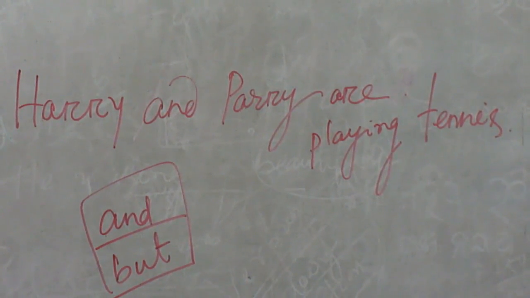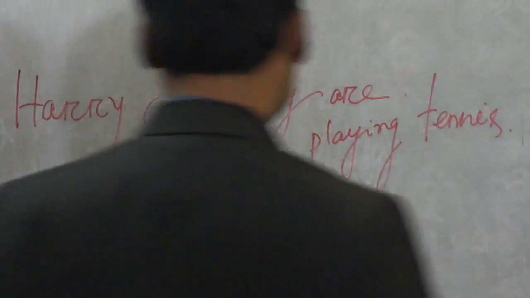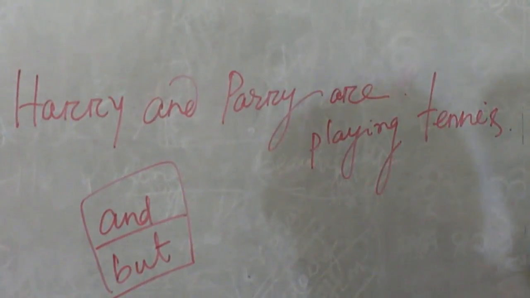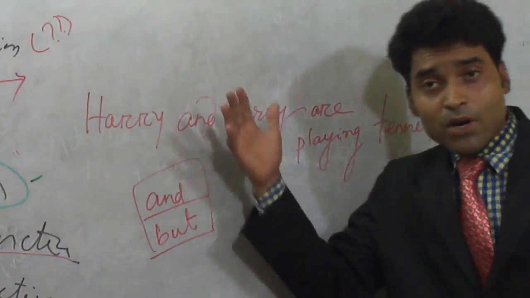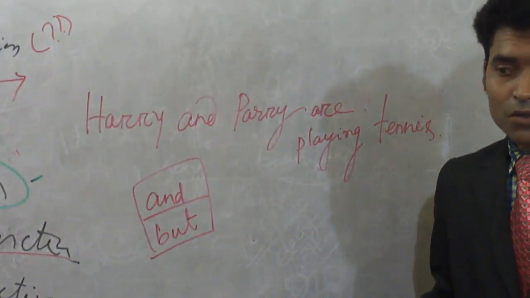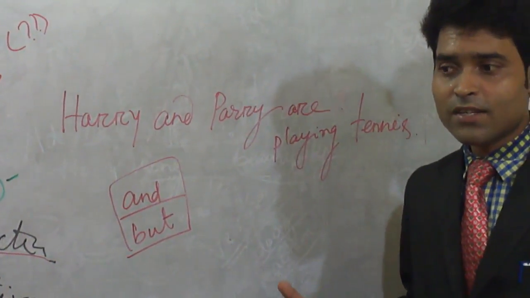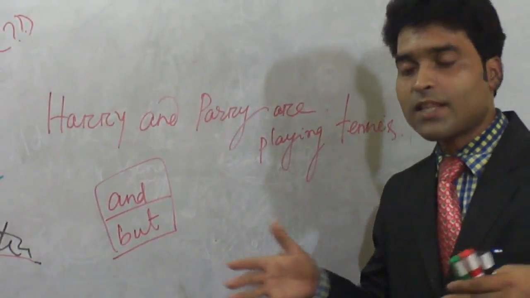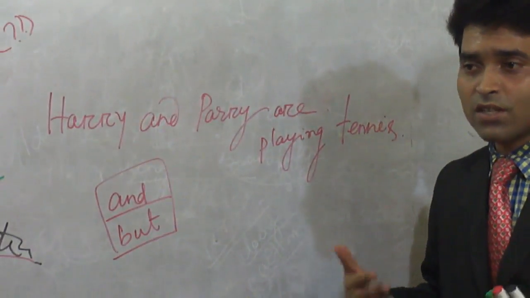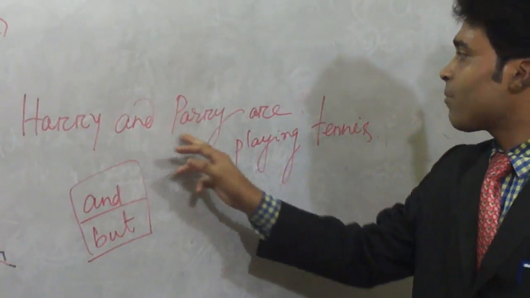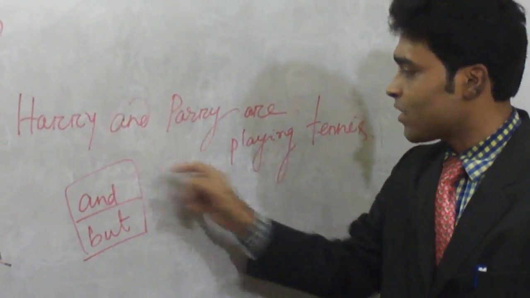So this and, but is known as conjunction. For example, you have one railway station with a number of trains coming. So you need a junction, a platform, so that they can congregate and have more facilities to reach their destination. Like this, in Harry and Pyari, this and is a conjunction.